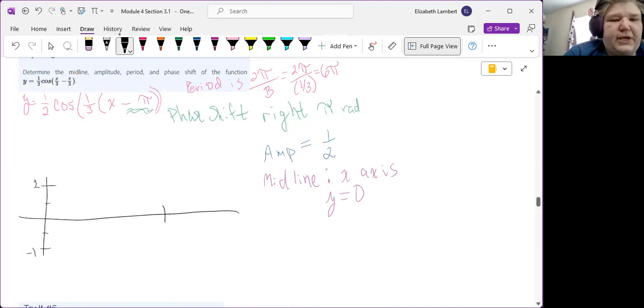I'm just going to mark here 6 pi. Halfway between 0 and 6 pi is 3 pi. Halfway between 0 and 3 pi is 3 pi over 2. And then halfway between 3 and 6 is 4.5, which is 4 times 2 is 8 plus 1 is 9 pi over 2.